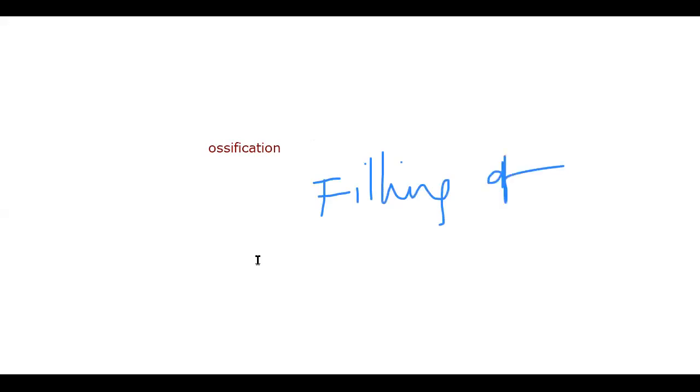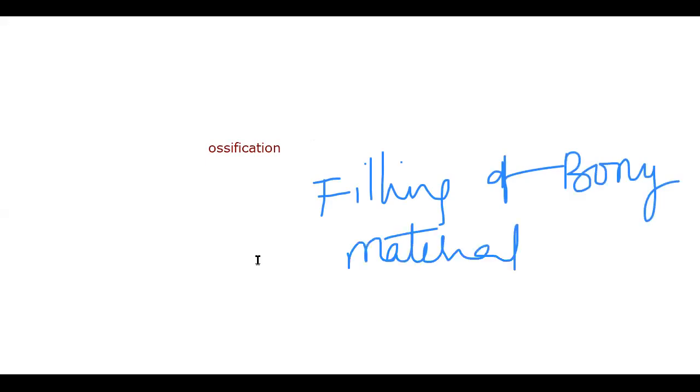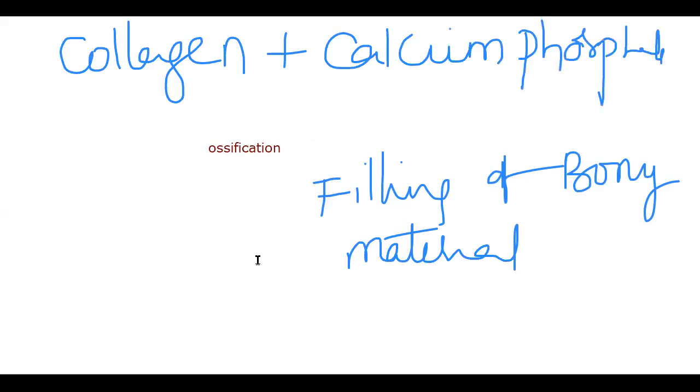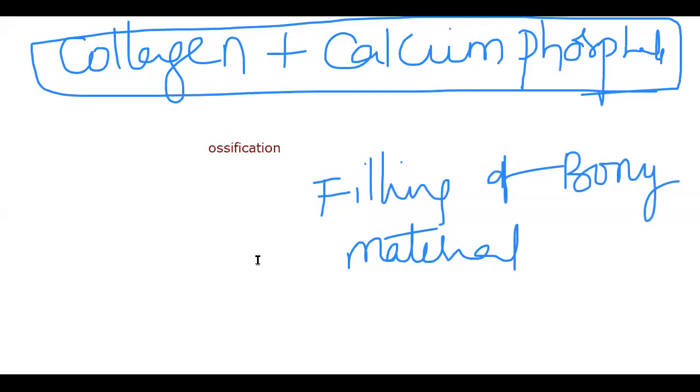Filling of bony material. What is bony material? Bony material means collagen fiber and calcium minerals, particularly calcium phosphate. There is also calcium carbonate, but the major amount is calcium phosphate. So collagen fiber and calcium phosphate can be called bony material.